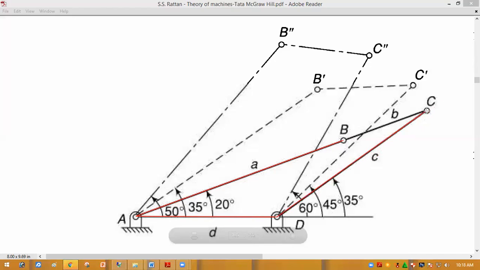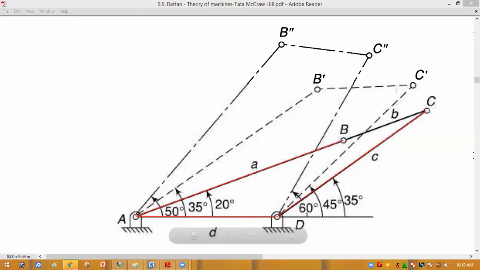So I have drawn the output link, that is CD, at an angle of 35 degree. Then by using your drafter or scale, just join B and C. We have to join these two links at a distance of about 0.66.